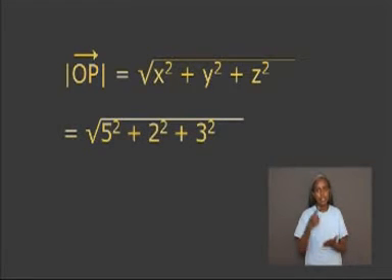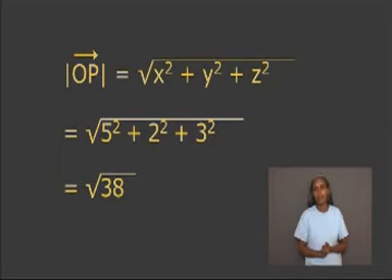In this case, that means the square root of 5 squared plus 2 squared plus 3 squared. In other words, the magnitude is the square root of 38.